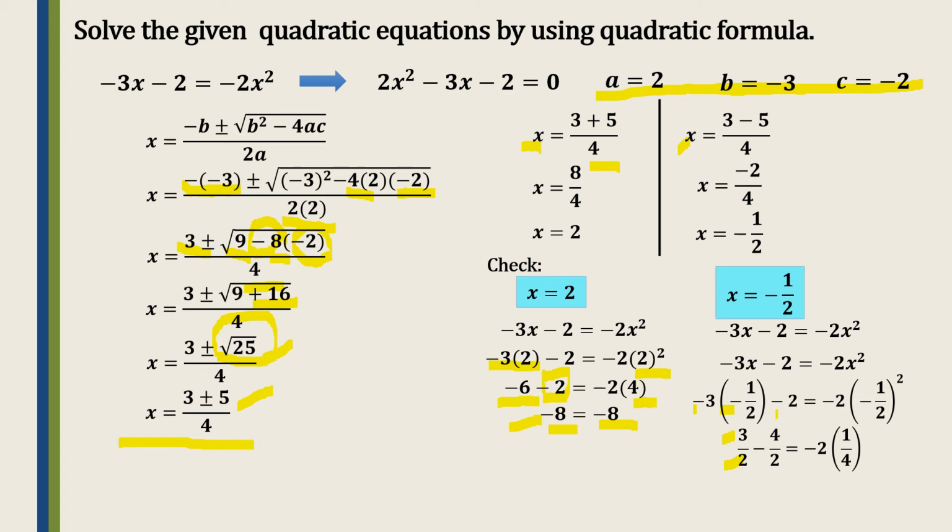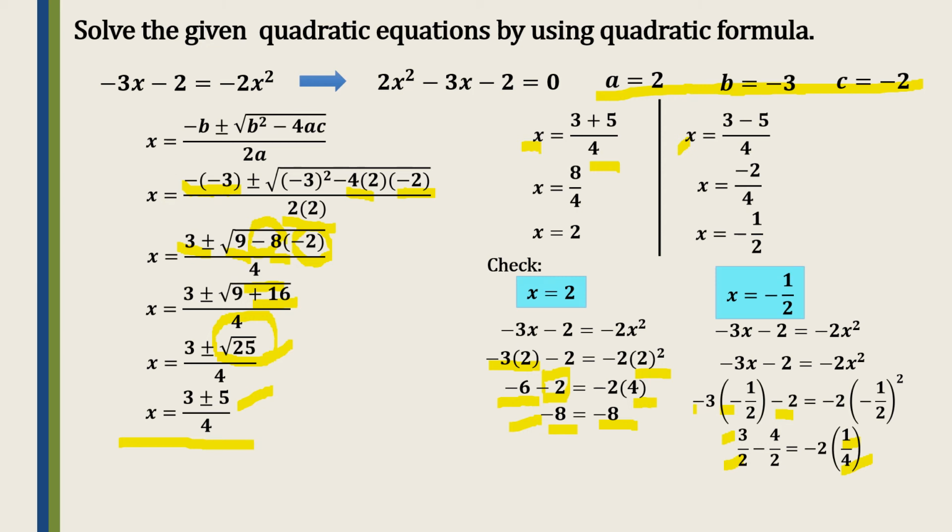Ngayon, para mas mabilis, para madali nating ma-solve, yung 2, gawin nating fraction. 2 is equivalent to 4 halves. Equals negative 2 times 1/4. Saan galing ang 1/4? 1 times 1, it's 1. Then, 2 times 2, 4. In-squared ang numerator, in-squared din ang denominator. Negative times negative, that is positive.